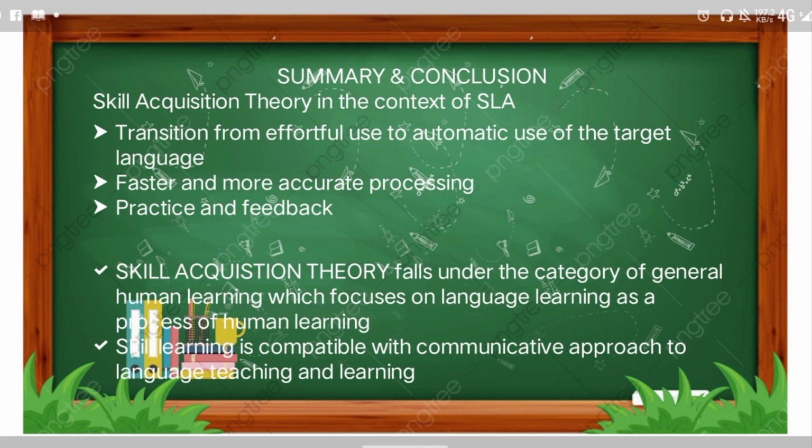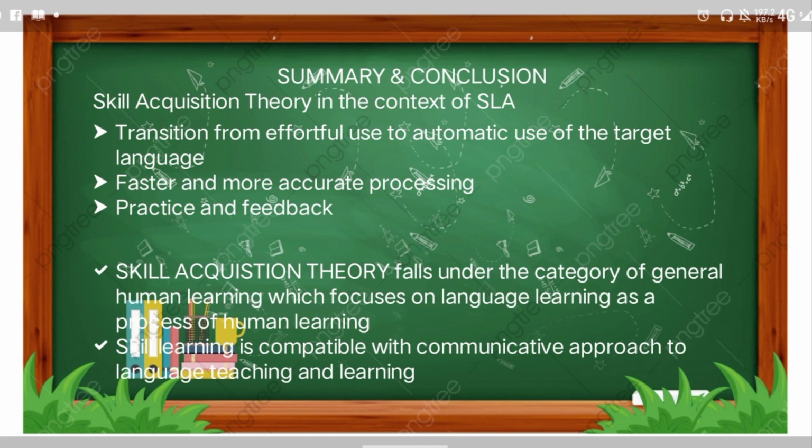Skill acquisition theory in the context of second language acquisition, or SLA, explains second language acquisition as a gradual transition from effortful use to more automatic use of the target language, with the ultimate goal of achieving faster and more accurate processing of the language, brought about through practice and feedback in meaningful context.